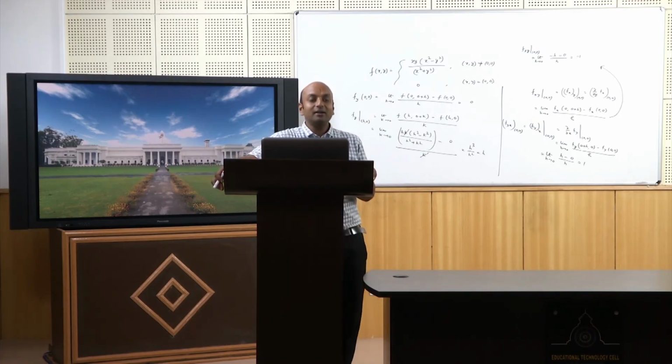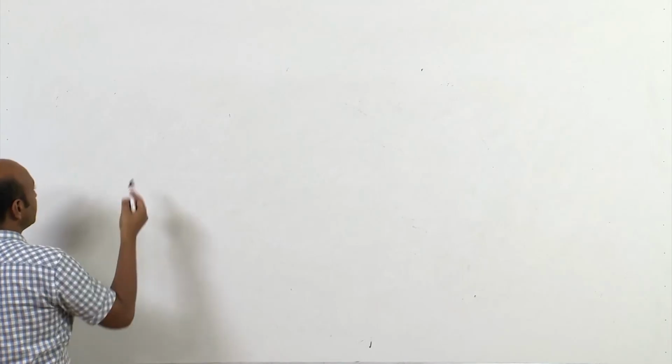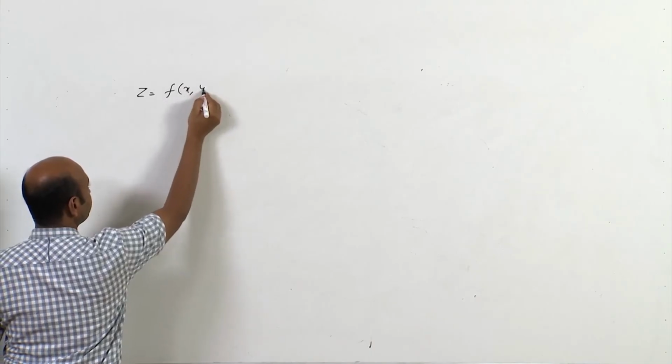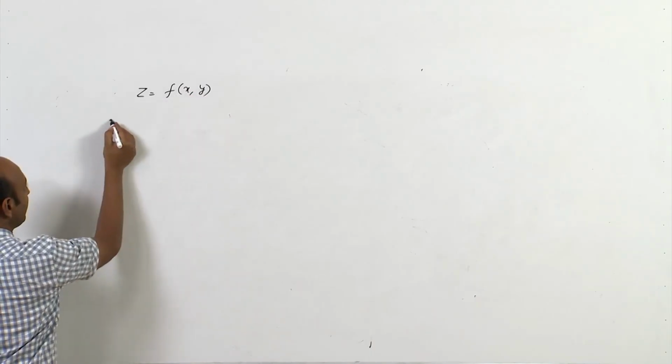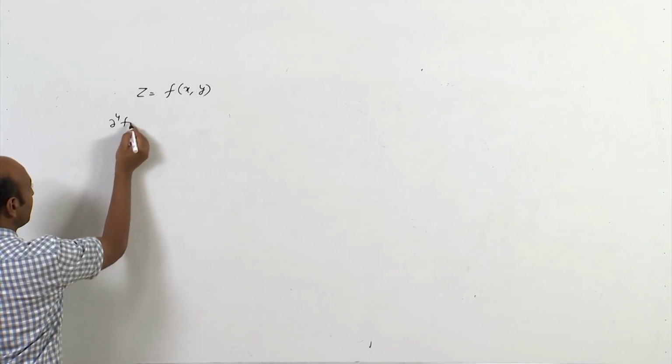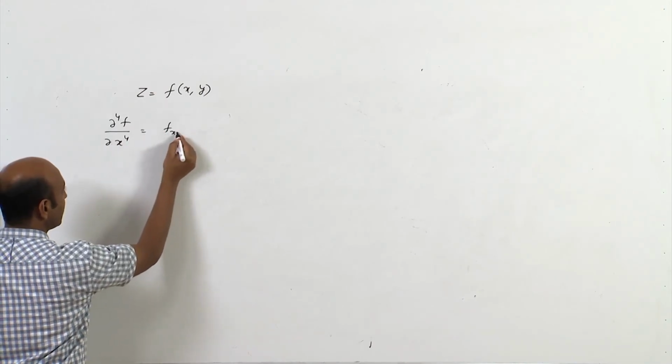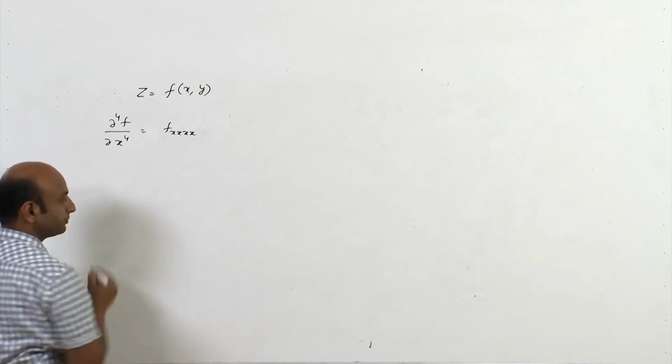Now we can define higher order partial derivatives also. Suppose z equals f(x, y), a function of x and y. We can define, say, a fourth order partial derivative with respect to x, which is f_xxxx.